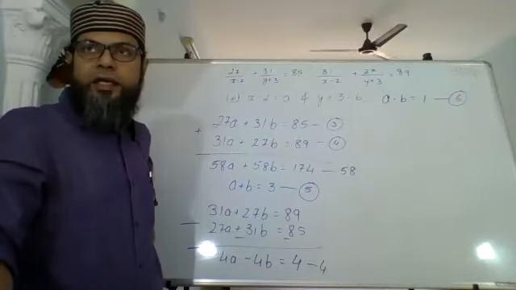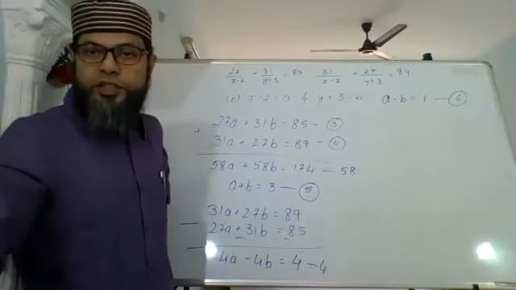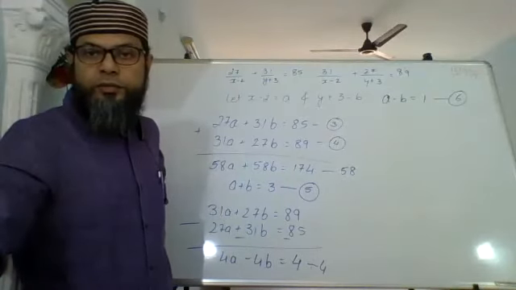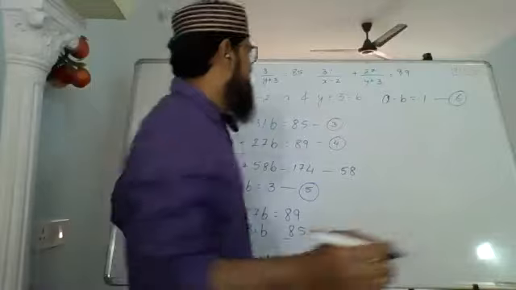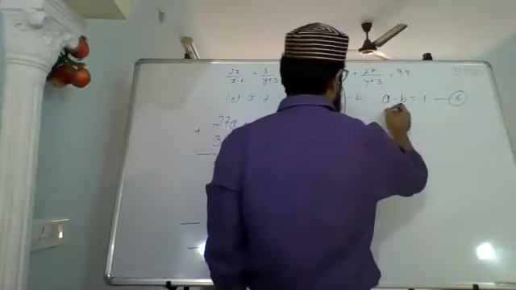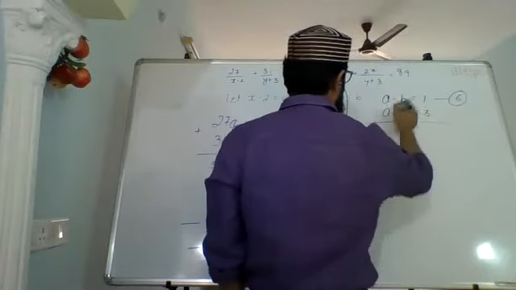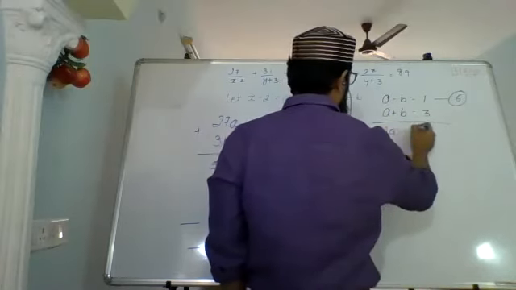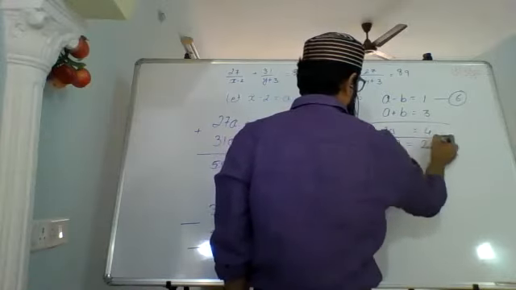Till here, any doubts? Anybody, any query, any question, anything not understood? Okay. Now take this. A plus b equals to 3. So if I solve this, b and b will cancel. 2a equals to 4. A equals to 2.